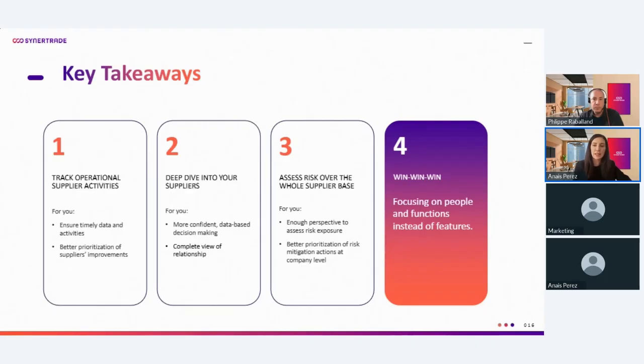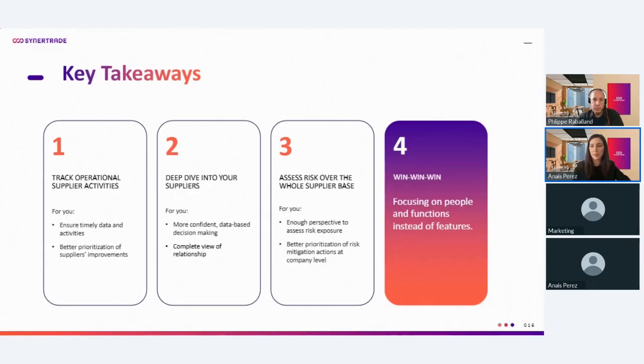So at the end, it's again a win-win-win, because it's much easier for the procurement department. It's also much better for the supplier, who sees that you understand what has been done between the two companies. So you have a better approach with them, and the impact, as we were seeing at the beginning, is on the cost, the quality, the time of delivery, the innovation, the risk prevention.